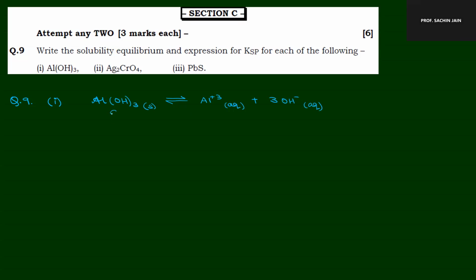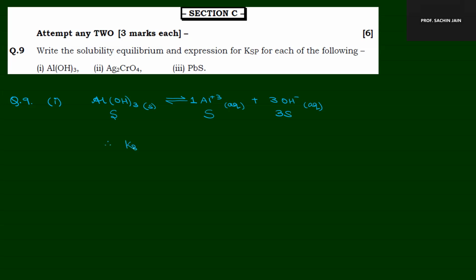Now if I take the solubility of Al(OH)3 as S, then aluminium is S and OH minus, if the stoichiometry is 1:3, will be 3S.